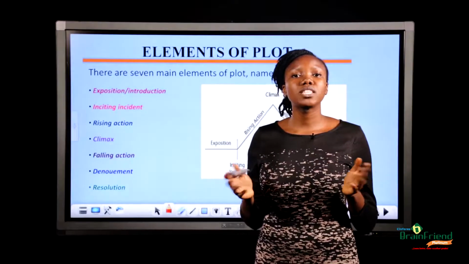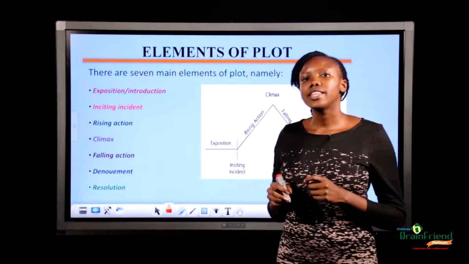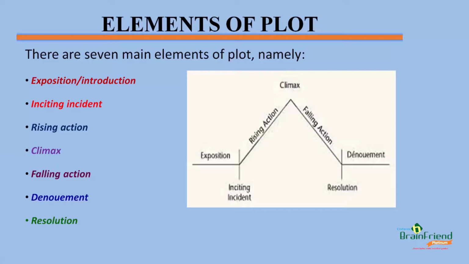There are 7 elements of a plot, namely exposition or introduction, inciting incident, rising action, climax, falling action, denouement, and resolution.